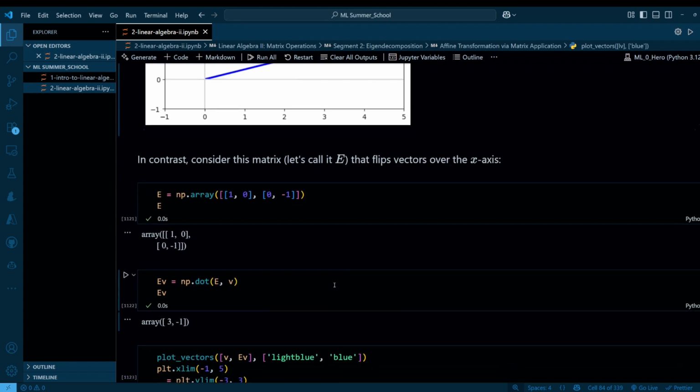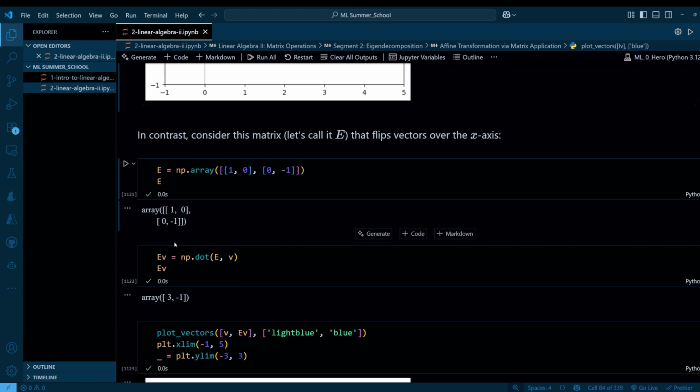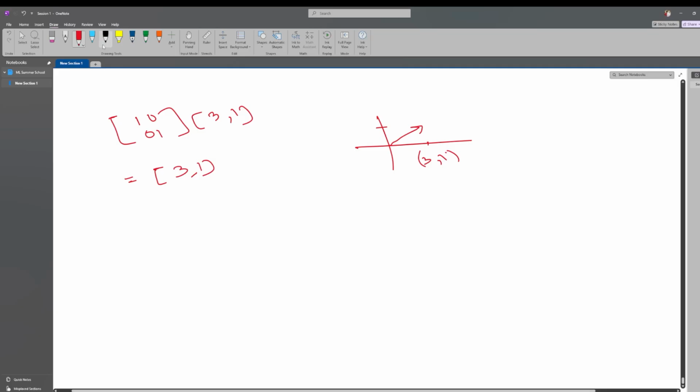But in real life, the matrix we multiply is not in general the identity matrix. We have lots of other things. So assume you have a matrix which is 1, 0, 0, minus 1. If you multiply that with our 3, 1 vector, now we have 3, minus 1. Interesting, right? Let me mention this again.